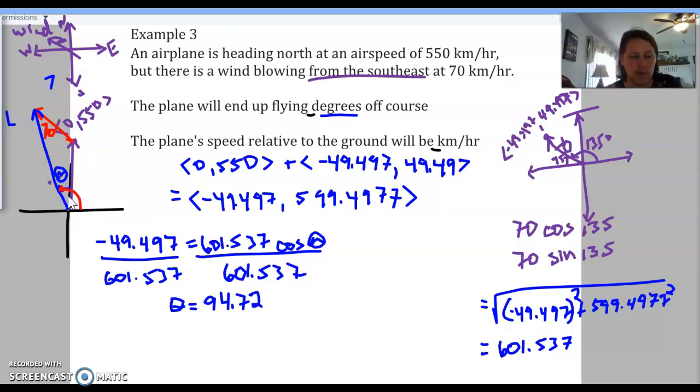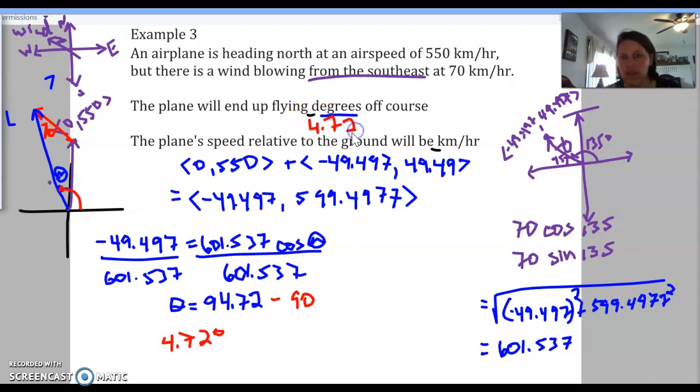We only want the part from the y-axis and around. So we need to subtract 90 from that. Once we subtract 90, we find that the total degrees the airplane is off course is 4.72 degrees. So that's my answer that I'm going to put in.